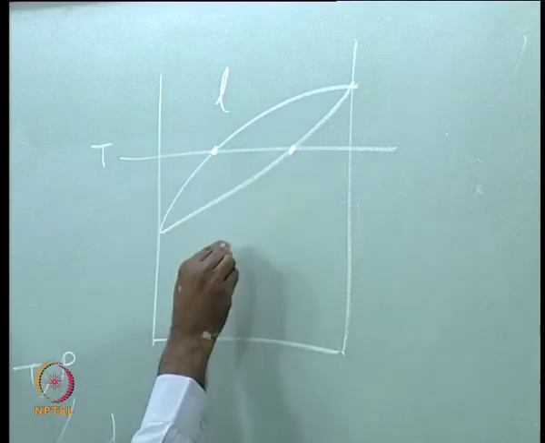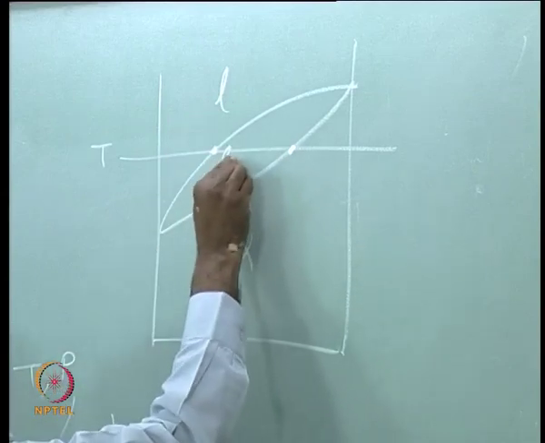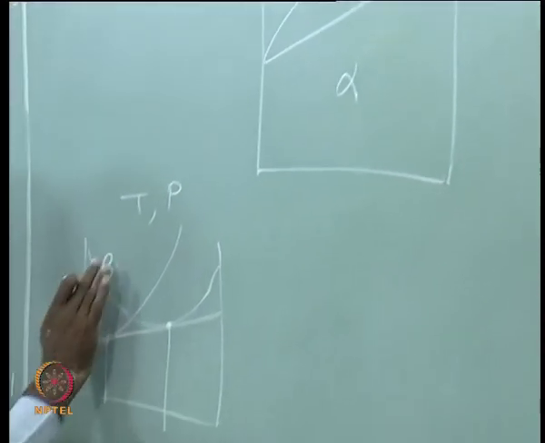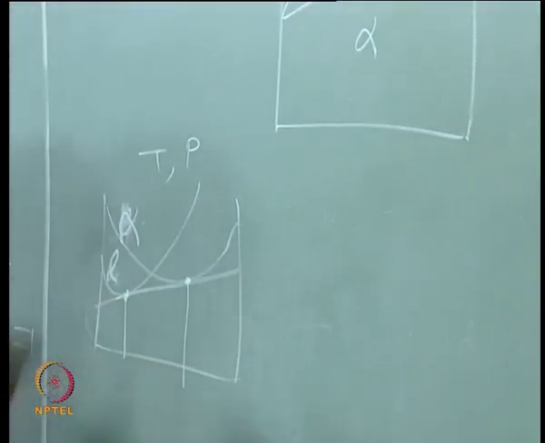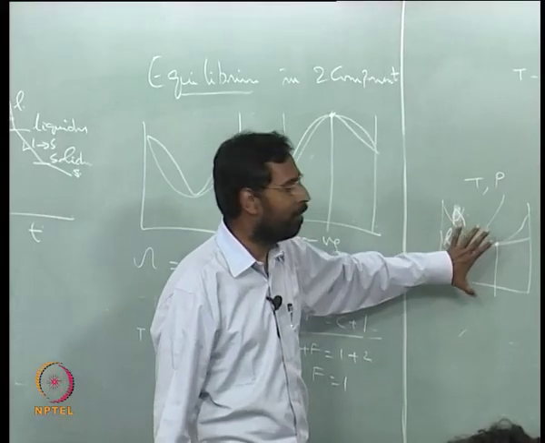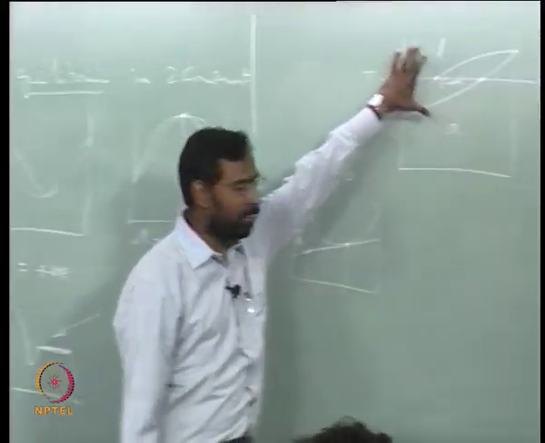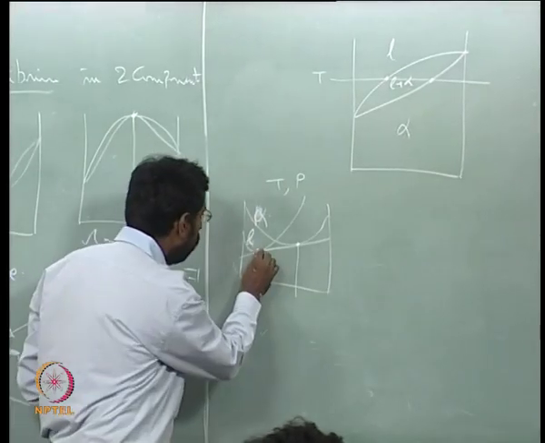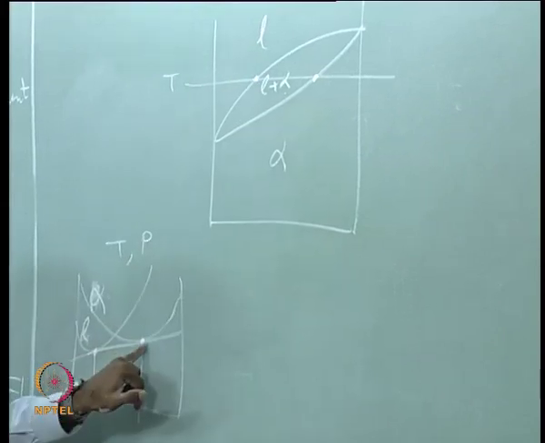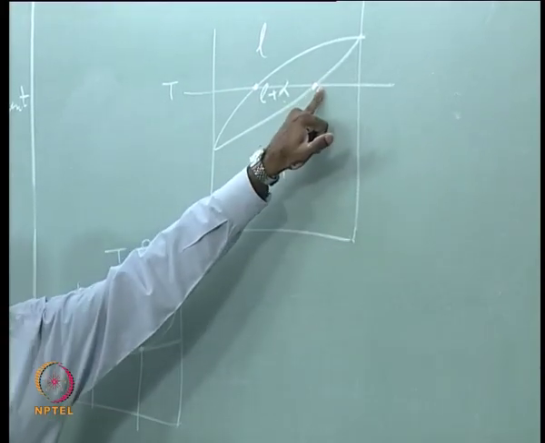Liquid and alpha, and this is liquid plus alpha. So if I have a liquid here and I have an alpha here, in principle, if this is a schematic free energy composition diagram for this system, then this particular composition should represent this composition and this particular composition should represent this composition.